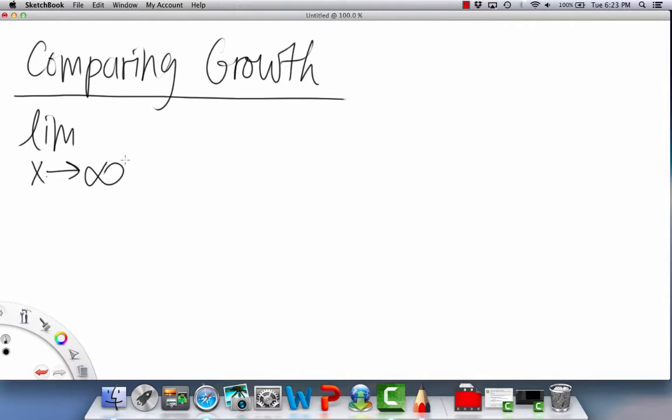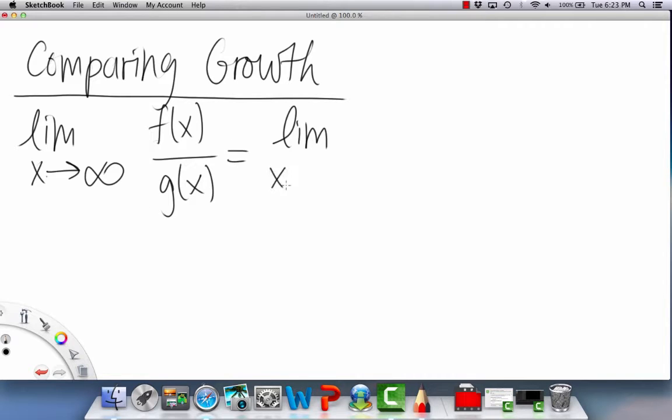So basically, as the graph keeps moving to the right, what happens in the long run? So we're going to be comparing f of x to g of x. And the way you do this is that if this limit, and if you do need to apply L'Hopital's, you can.